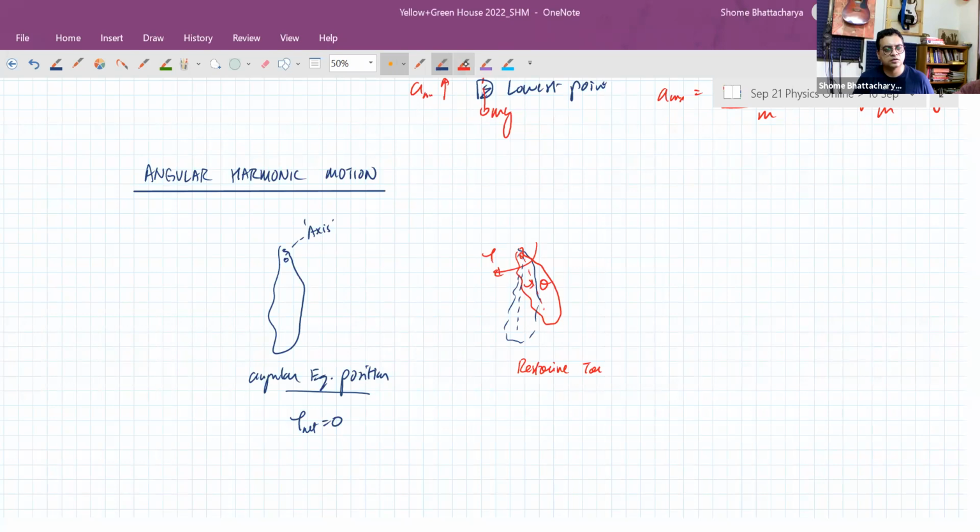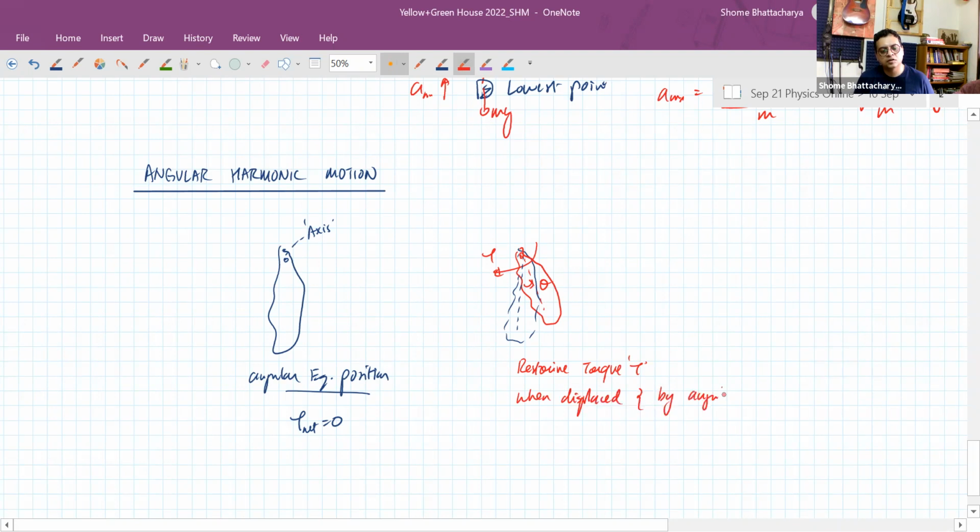So there is restorative torque tau when displaced by angular displacement theta from the mean position. So this position becomes our mean position. Then such a system performs what we call angular oscillation.